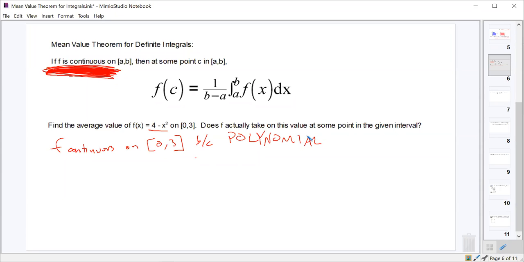The average value, h, ought to be 1 over b minus a times the integral from a to b of the function. Easy enough? Great. So that gives us 1/3. What's the integral of 4 minus x squared?